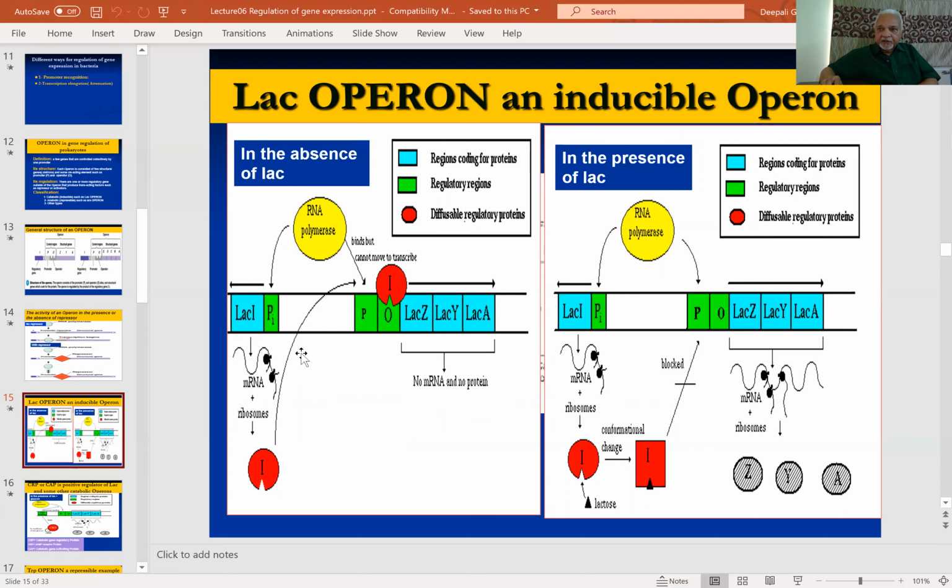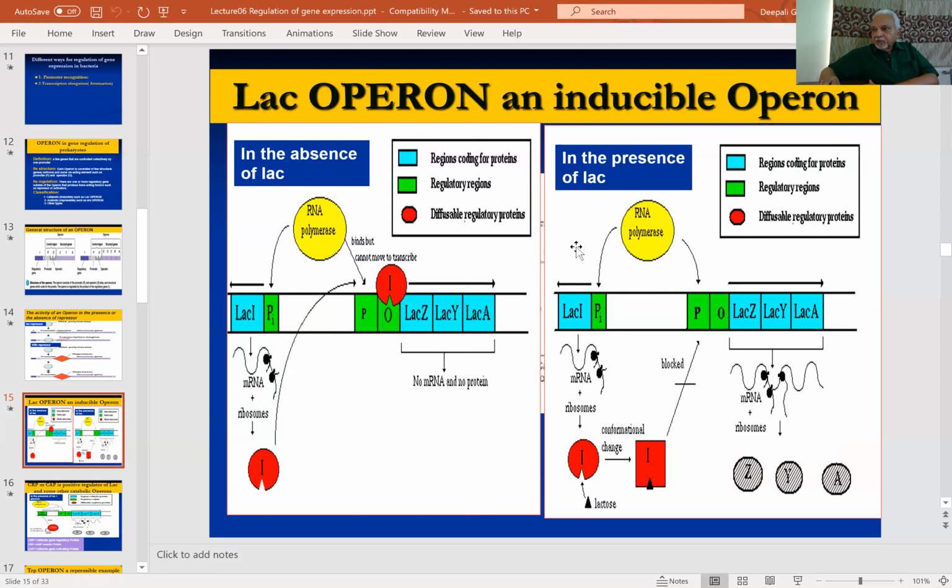When the lactose goes inside, the RNA polymerase binds here and brings about the transcription of these lacZYA genes, coding for three proteins which are responsible for lactose uptake and then degradation into glucose. So that is in the presence of lactose, when the bacteria is growing.